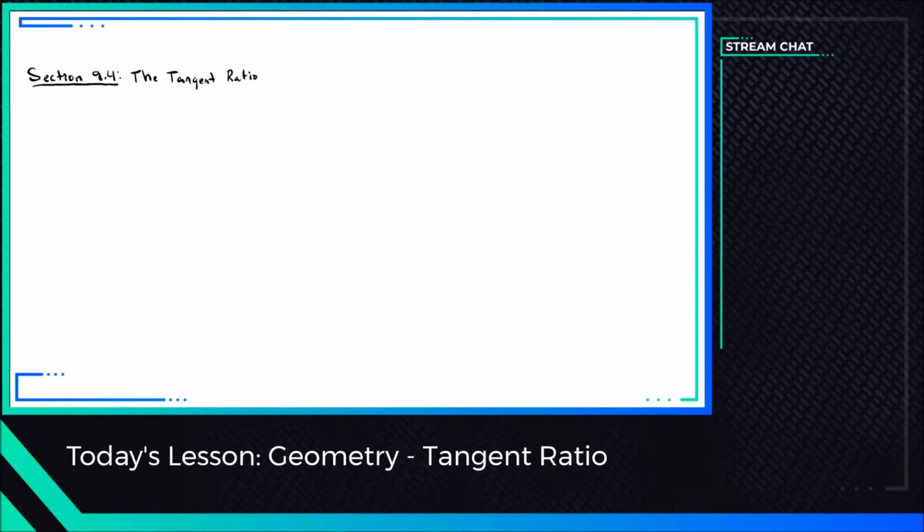So a trigonometric ratio is a ratio of the lengths of two sides in a right triangle.